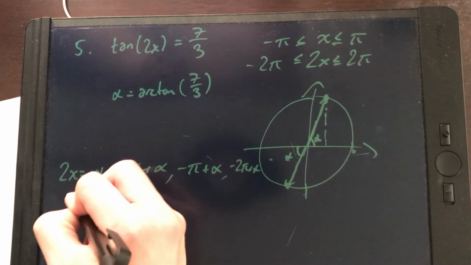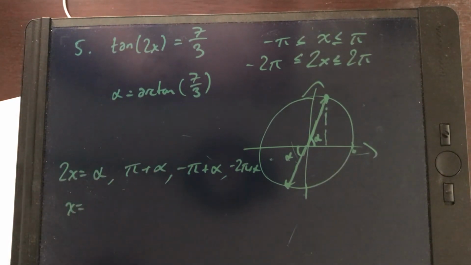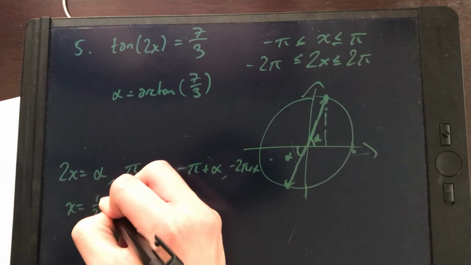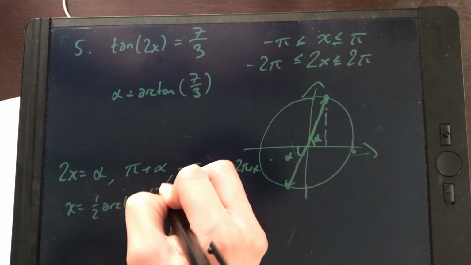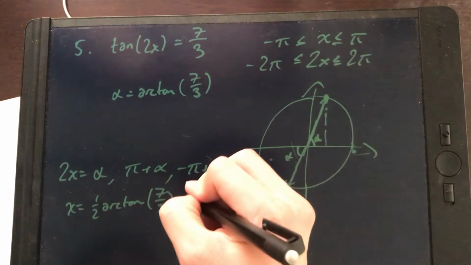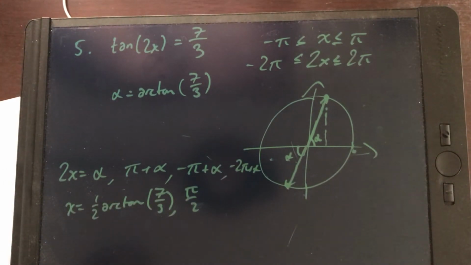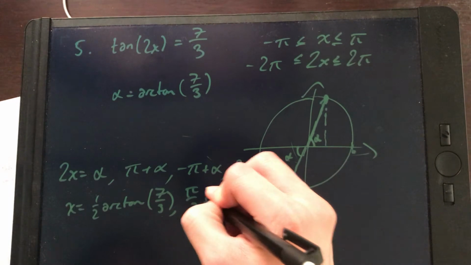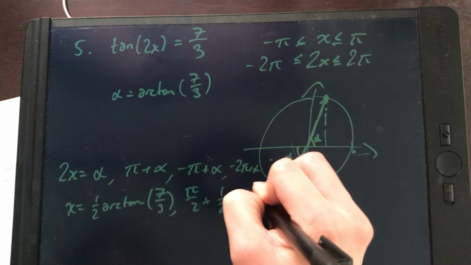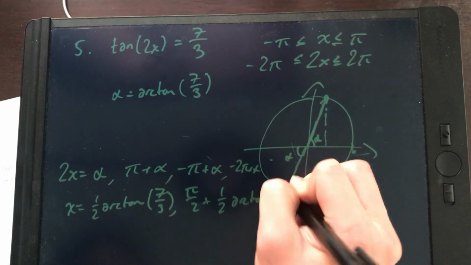To solve this, we'll have x is equal to, and here I'm going to rewrite it with inverse tangent 7 over 3 to present as my final answer. 1/2 inverse tangent 7/3. Then we have pi over 2. Don't forget that's also on the right hand side. We also need to divide it by 2. Plus 1/2 inverse tangent 7/3.